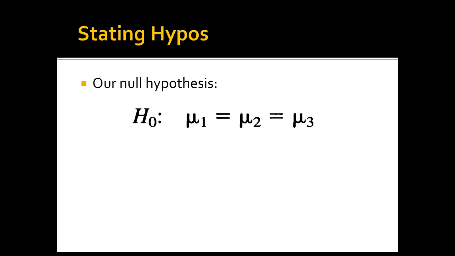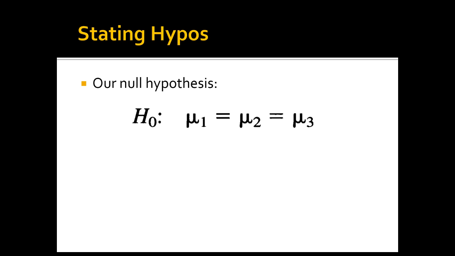So stating our hypotheses. How do we state our hypotheses in ANOVA? Well, first our null hypothesis would be H sub 0: mu sub 1 equals mu sub 2 equals mu sub 3, where mu refers to, again, the population parameter of the mean. So we're saying that the means are all equal for these three groups.